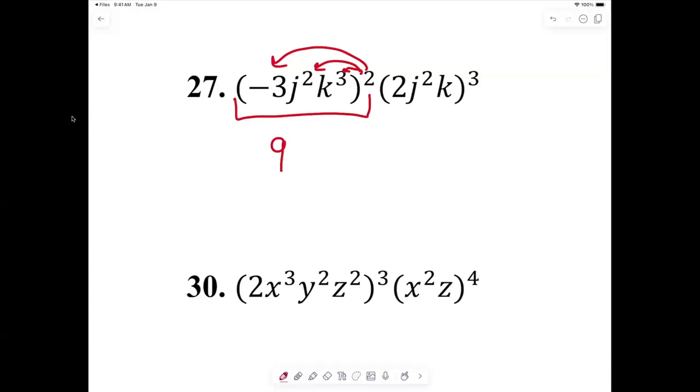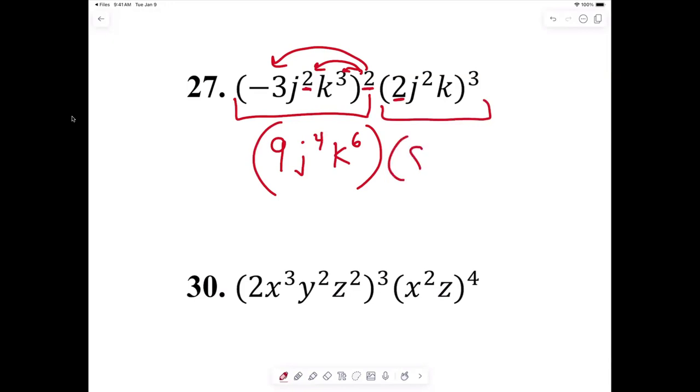Good with that? All right, now j to the what? The 4, yes. K to the what? 6, yes, now you're good. All right, now you got to tell me what 2 cubed is. 8, yes. J to the 6, K to the 3rd, uh-huh.